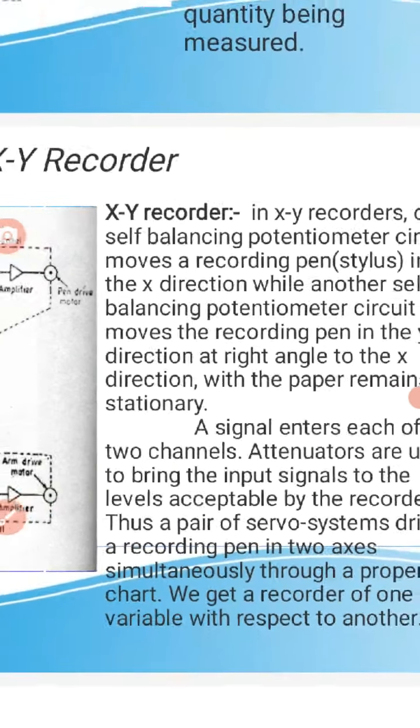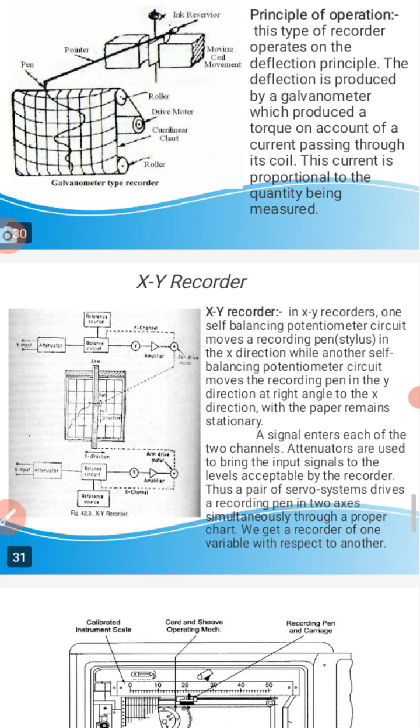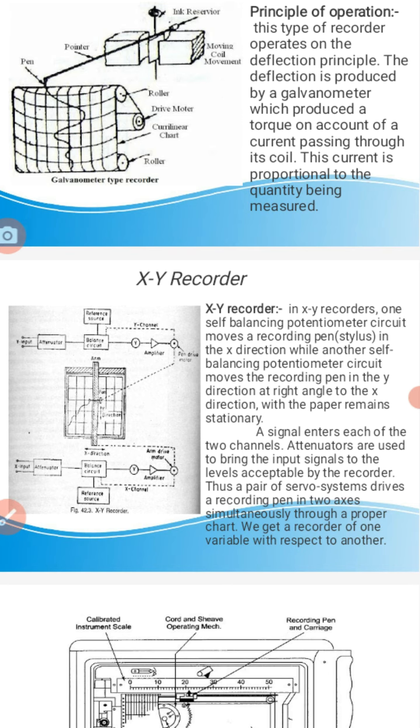In XY recorders, one self-balancing potentiometer circuit moves a recording pen in the X direction, while another self-balancing potentiometer circuit moves the recording pen in the Y direction at right angles to the X direction, with the paper remaining stationary.